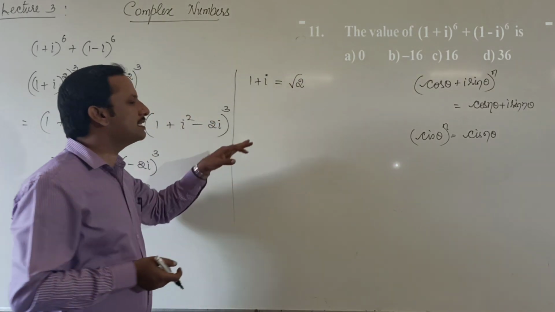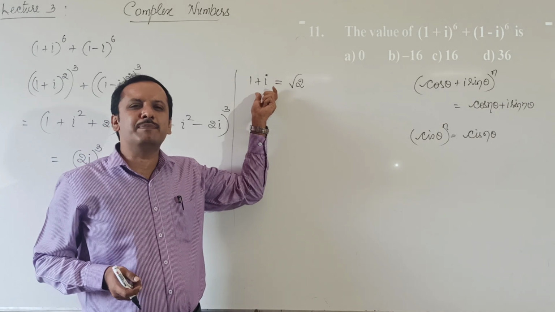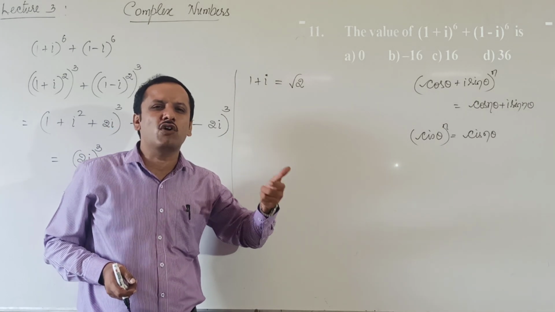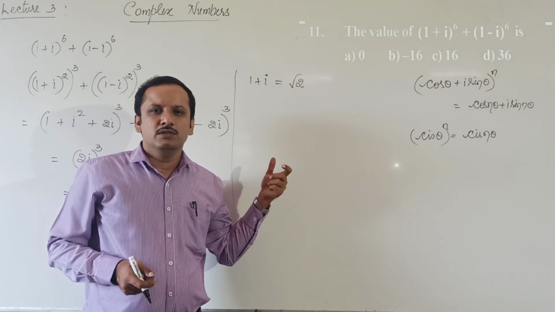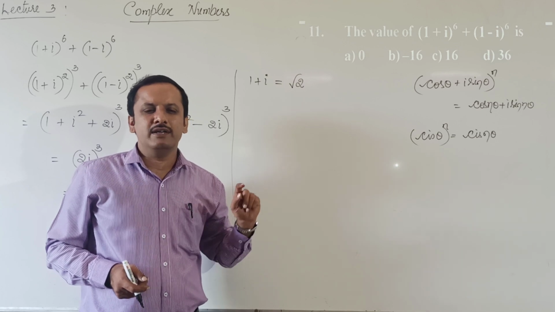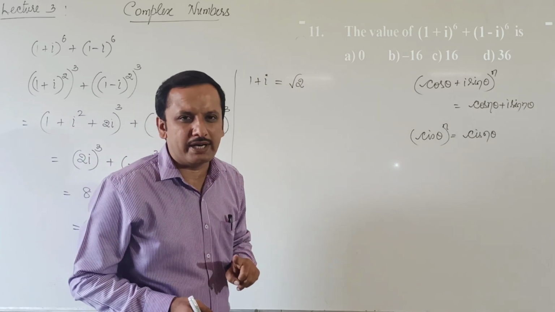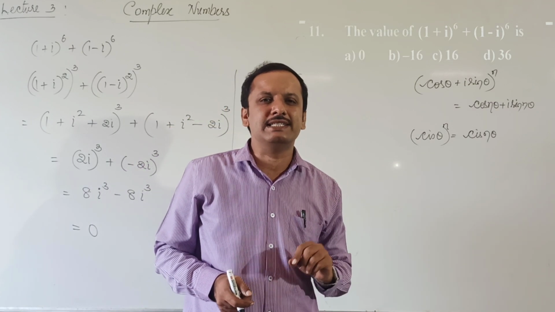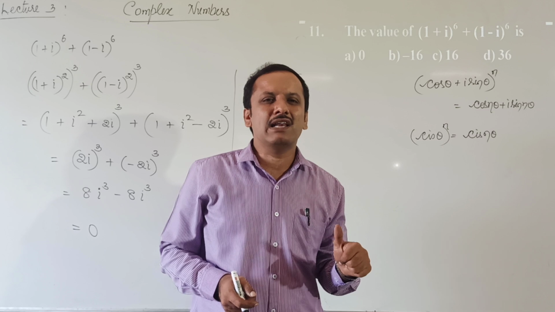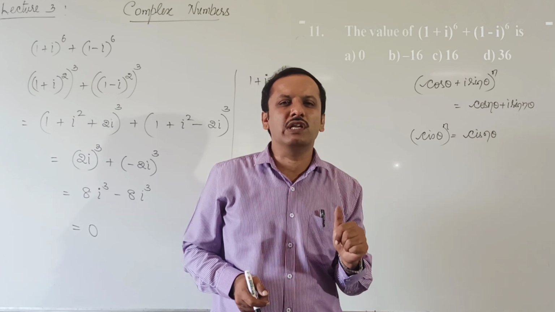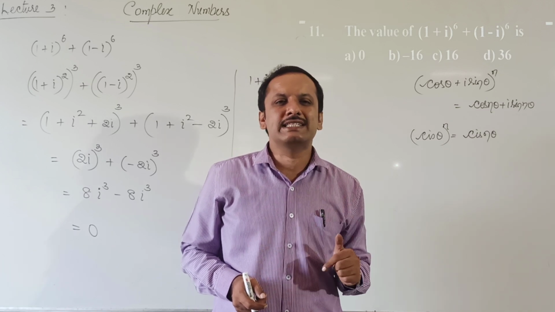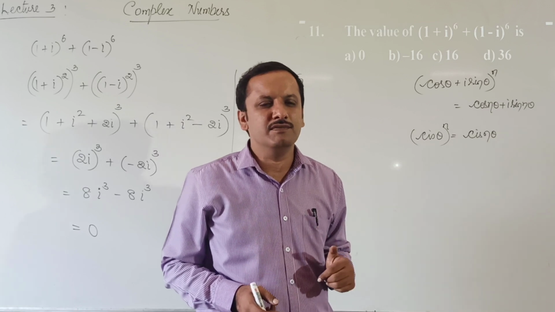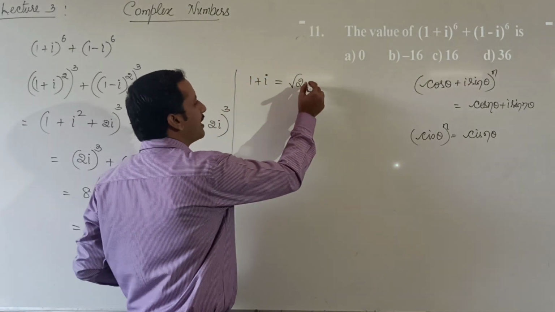Amplitude. This complex number is represented by the point (1, 1). So x is 1, y is 1. (1, 1) lies in the first quadrant. When the complex number lies in the first quadrant, then amplitude θ is equal to α. What is α? Tan inverse of modulus of y by x. So in this case, tan inverse of 1 by 1, which is tan inverse 1, that's equal to π/4.